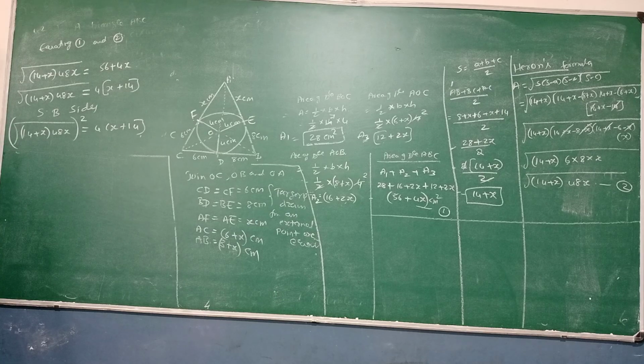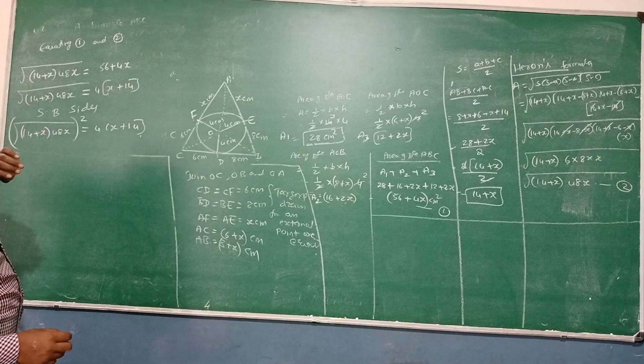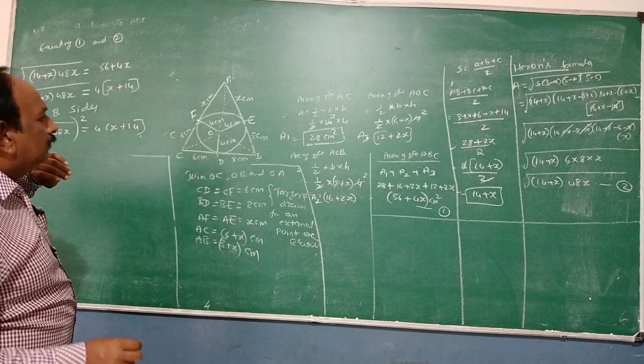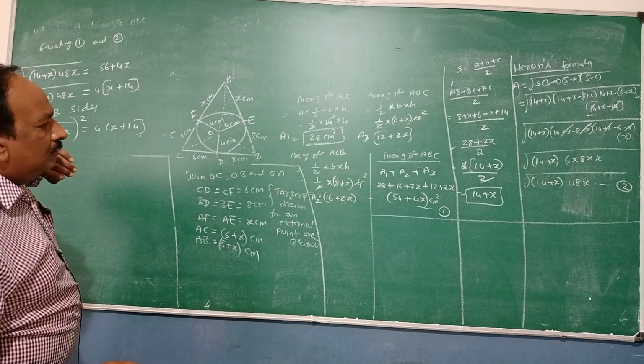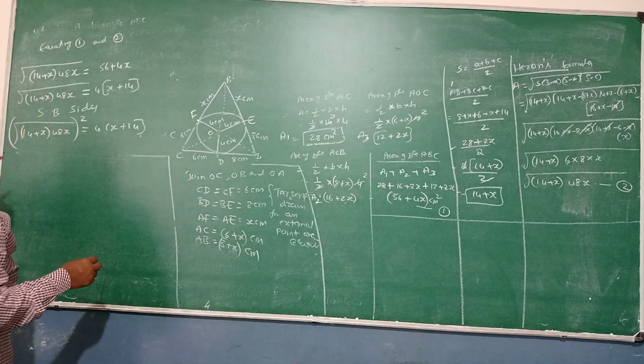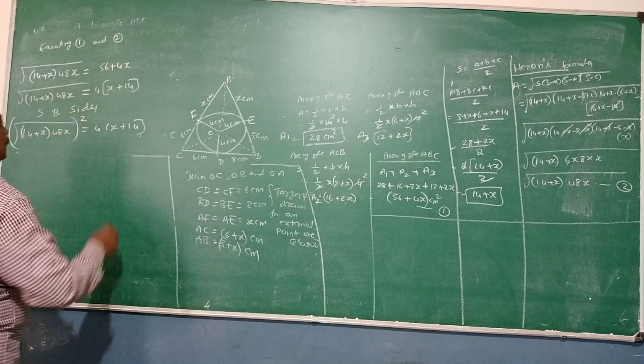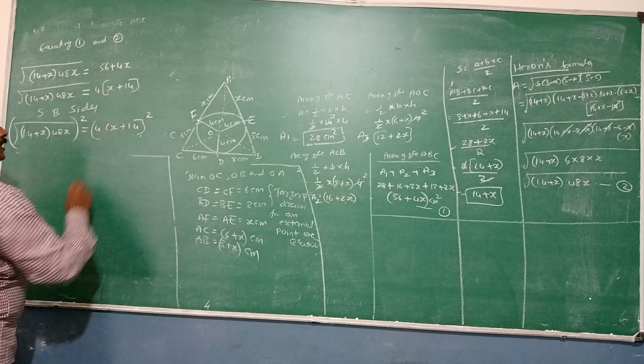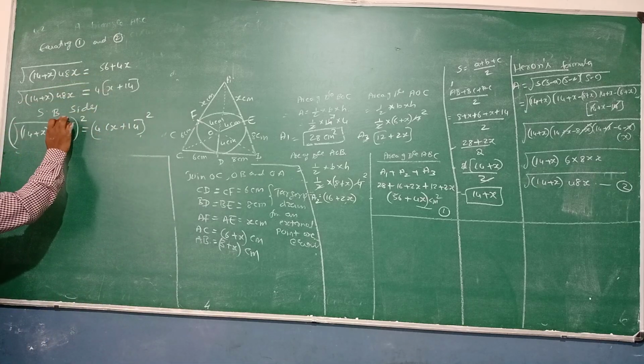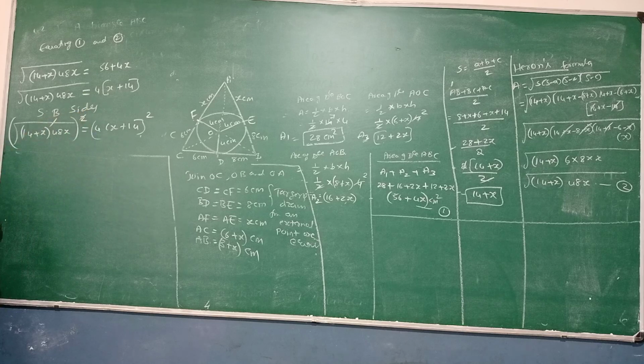Here, 4x into 48x. 56 plus 4x, 4 is the common factor, x plus 14. Squaring on both sides. This one and this one cancel.